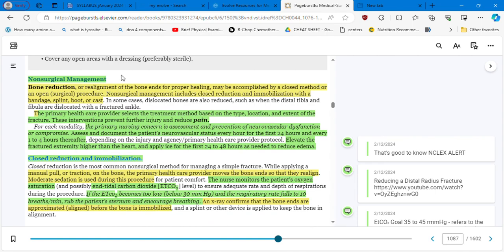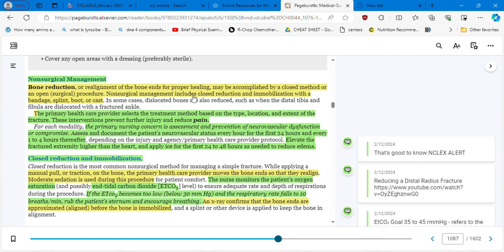Non-surgical management. Bone reduction or alignment of the bone ends for proper healing. Let me repeat. Bone reduction or realignment of the bone ends for proper healing may be accomplished by a closed method or an open surgical procedure.